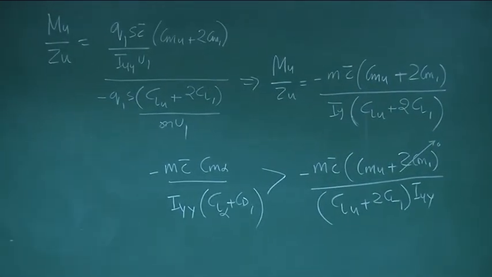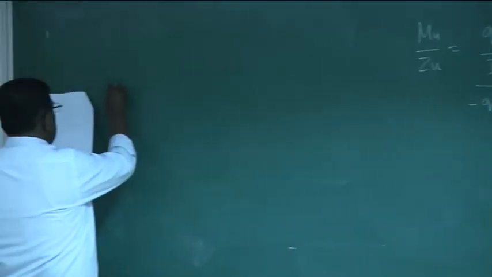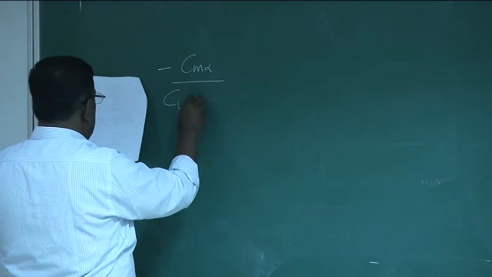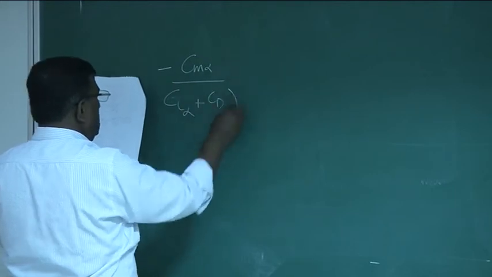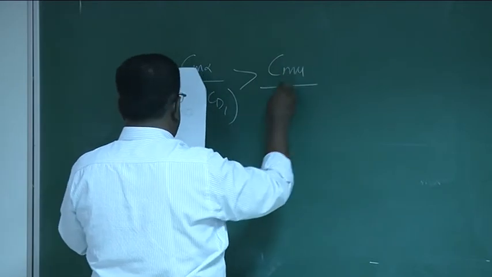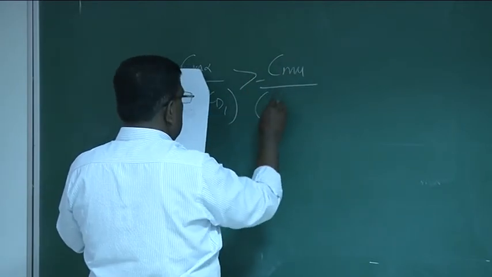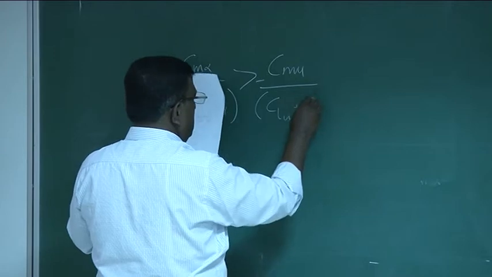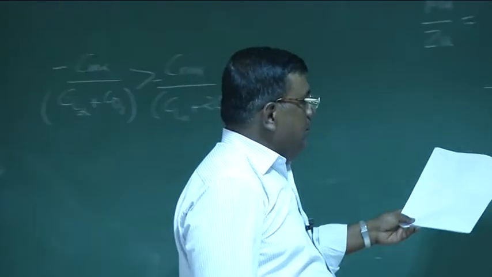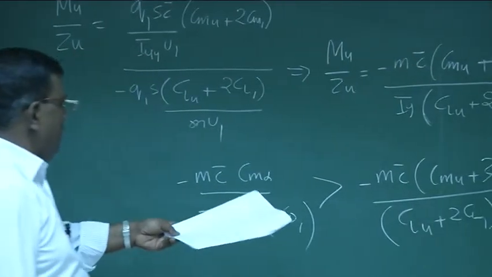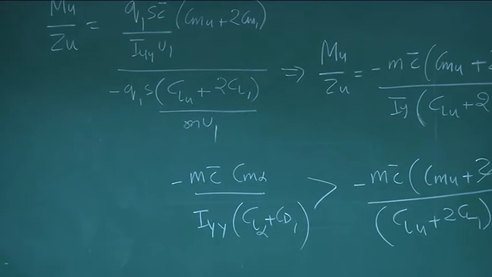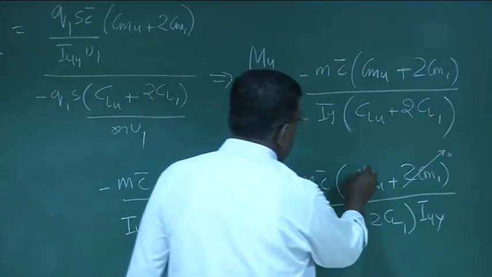If I further simplify this, I'll get minus Cm alpha by Cl alpha plus CD1 is greater than minus CMU by CLU plus 2 CL1. You could see here that M C bar gets cancelled, Iyy gets cancelled, and CM1 is 0.